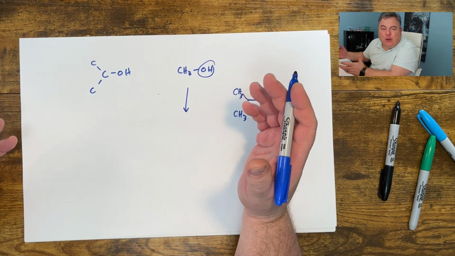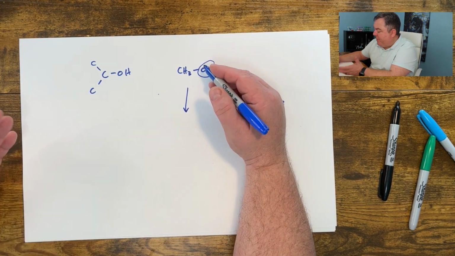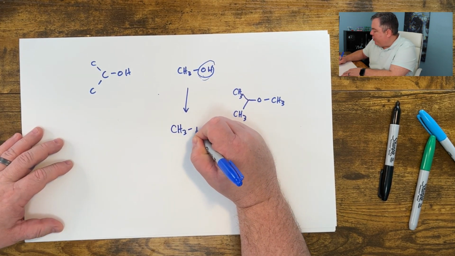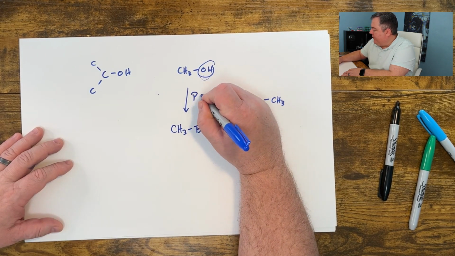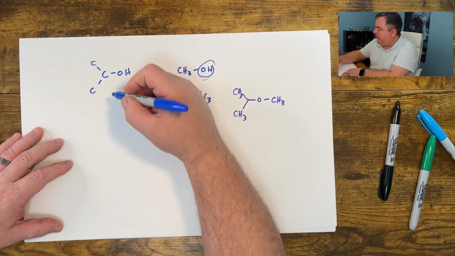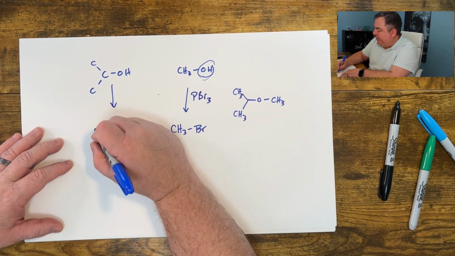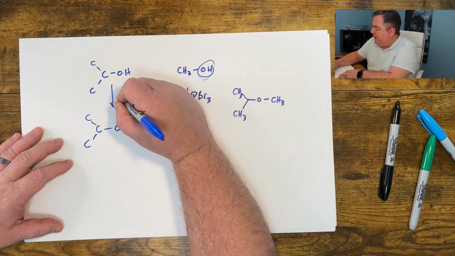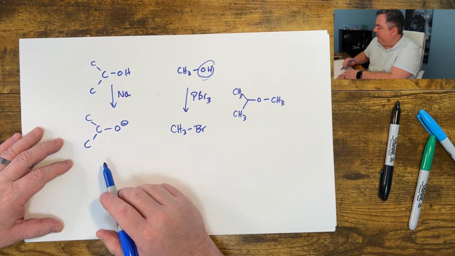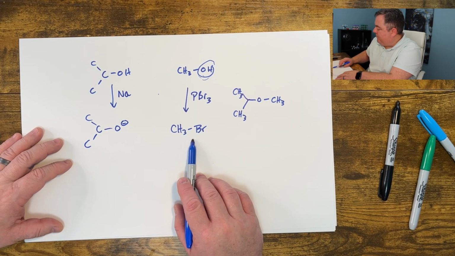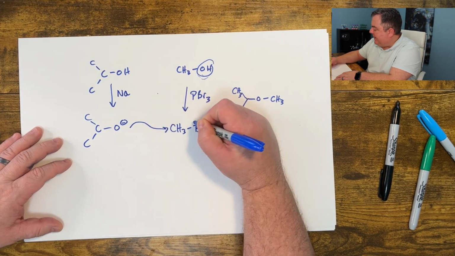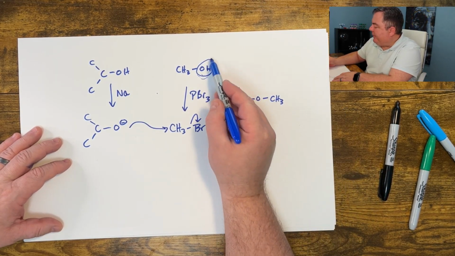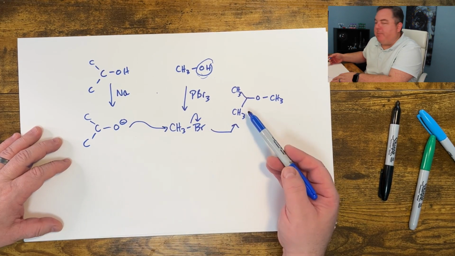So we have a chart you can look up and we've memorized, and we can turn this OH into, let's say we want to turn it into a bromine leaving group. So I would use PBr3. And then I can turn this into an alkoxide, which we've seen in an earlier video, using sodium metal. So this alkoxide and this good leaving group, I could have a backside attack reaction occur, and I can make my final product. So I could turn this into a good leaving group, then my reaction would proceed.